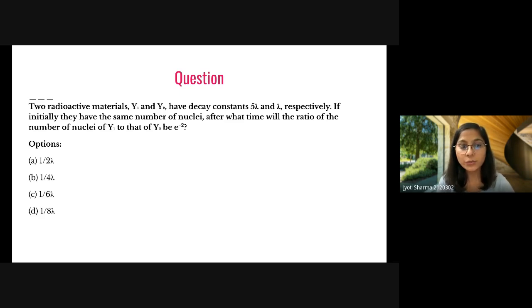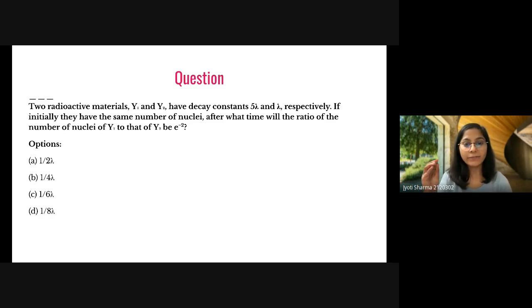So what you need to do is calculate the ratio of Y1 divided by Y2. How will you calculate this ratio, Y1 upon Y2? We have a very simple equation, that n is equal to n naught e raised to power minus alpha t, or delta t, whatever you say.